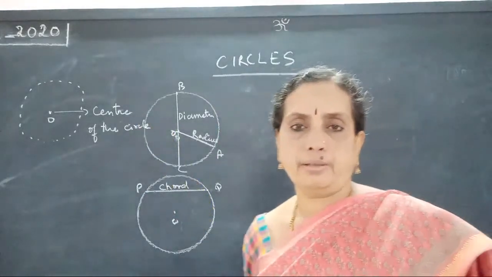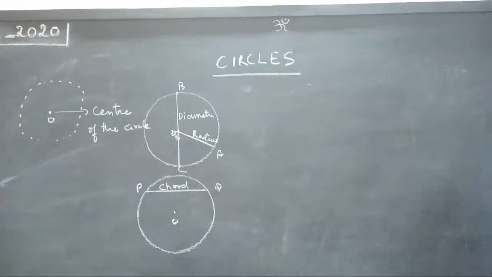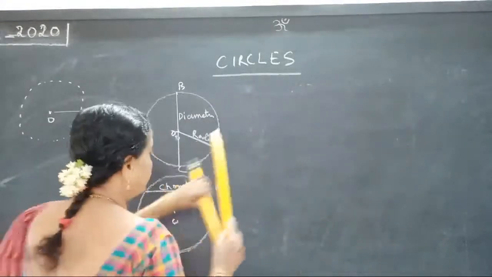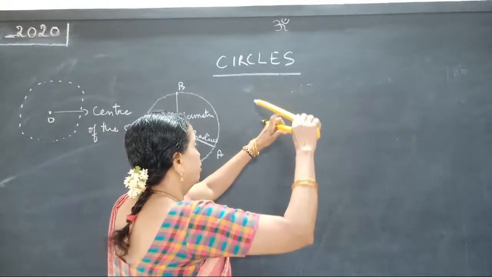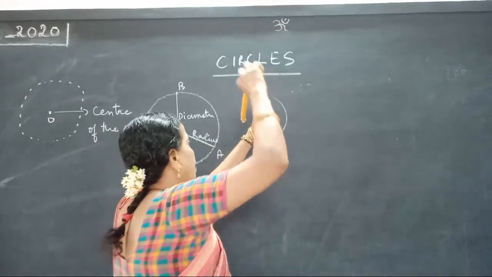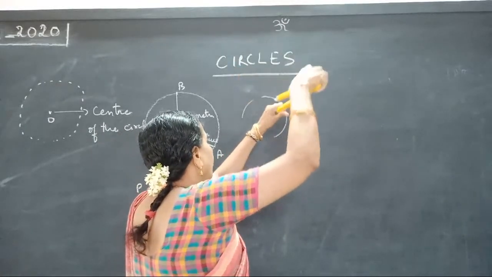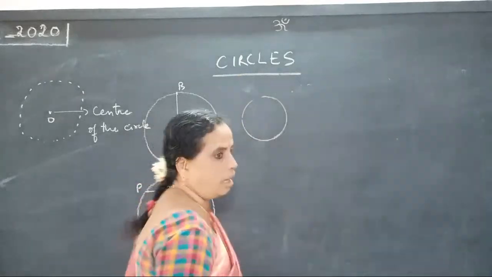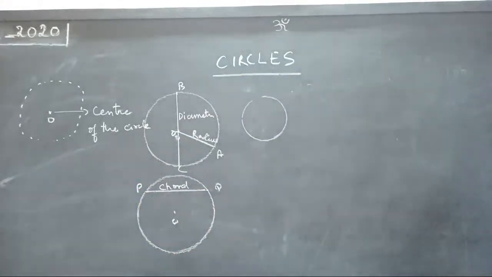Again I will draw a circle. You have to draw all these circle figures in your book, using either any circular object or a compass. Don't go with a freehand circle. That is the reason I am using this compass in front of you.